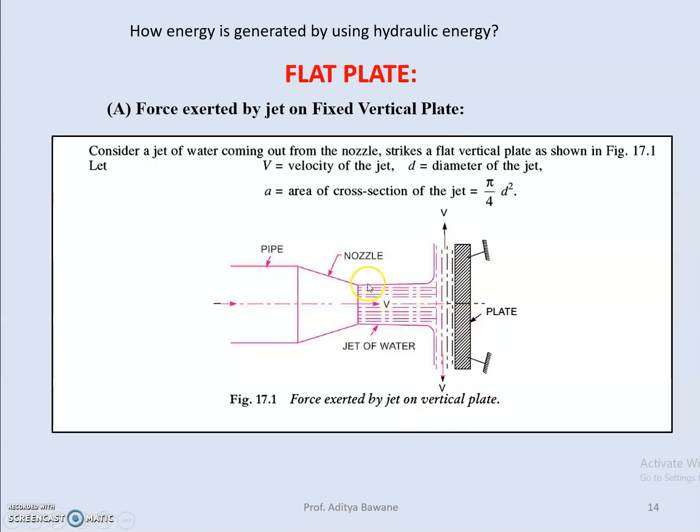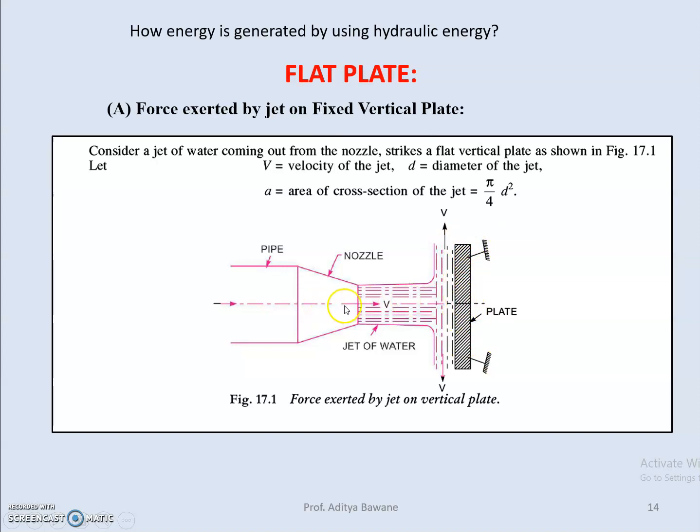This is the nozzle, this is the jet of water, this is the final velocity, this is the initial velocity. This is the diameter of the jet, so the area of the jet will be pi by 4 into d square. This is the vertical plate, and it is a hinged fixed plate.